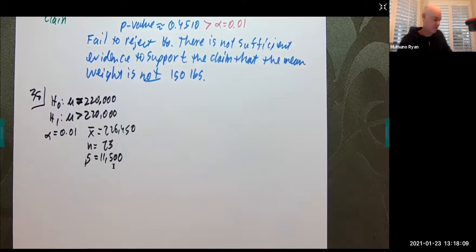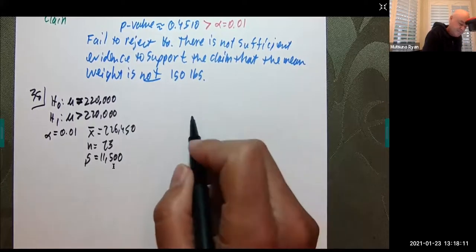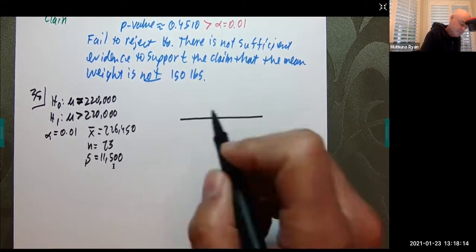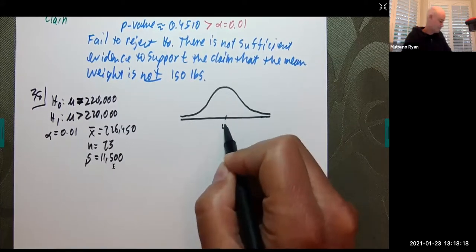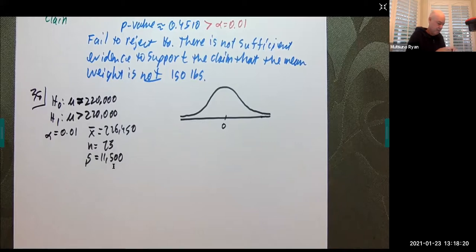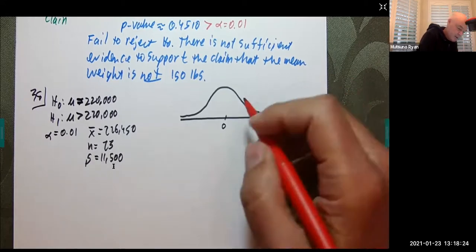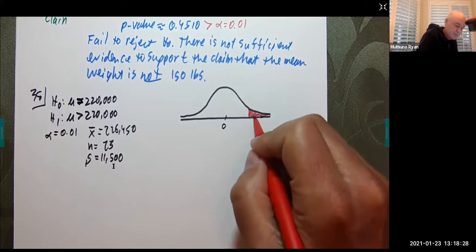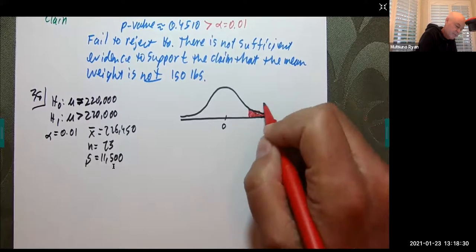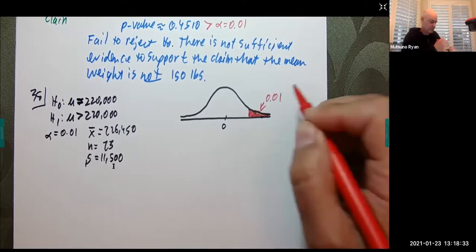And so let's set up our critical region. And because it's larger than, it's going to be a right tail. .01.